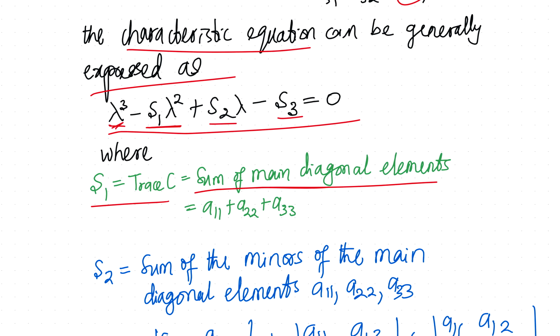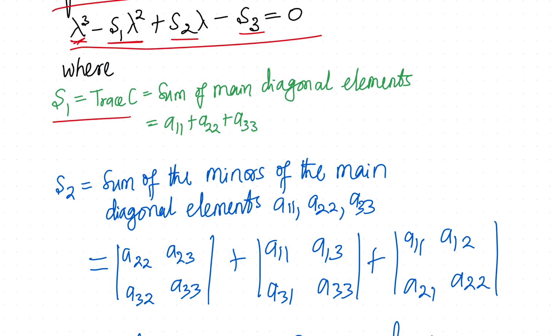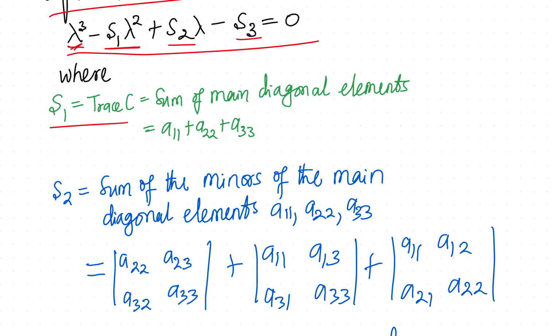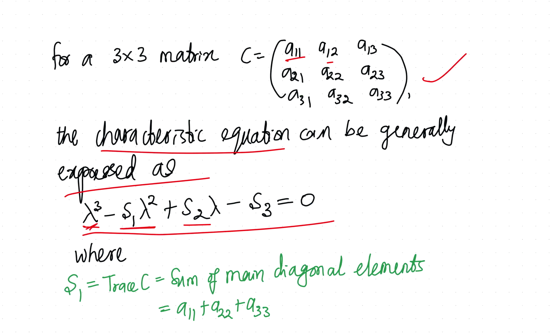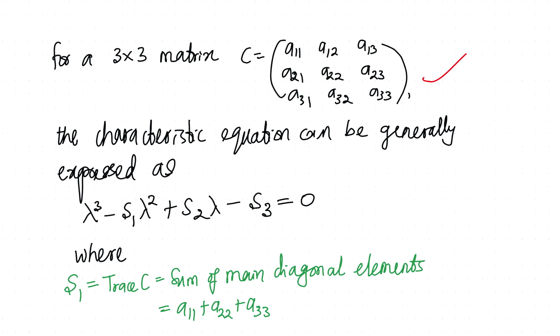And then for S2, S2 is the sum of the minors of the main diagonal elements A11, A22, A33. What that means is, you remember the idea of minors and cofactors, the cofactor method for finding the inverse of a matrix. So now you are going to get the minors of A11, A22, and A33. For instance, the minor for A11: cross the column and cross the row.